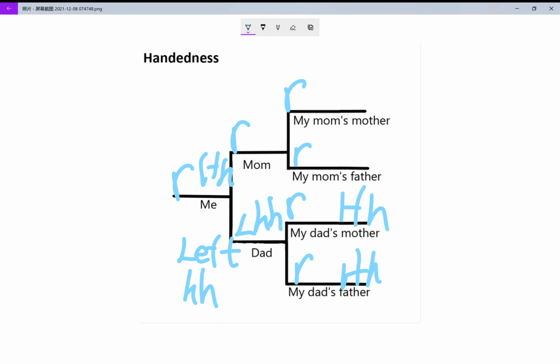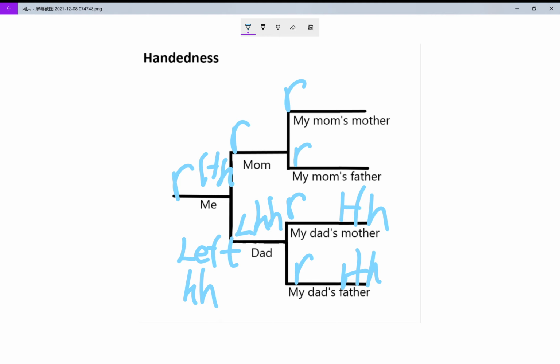So my mom's genotype should be two little letters. I use D here, two little d. Because my mother can only produce a recessive allele to me, and I have a dominant trait, my genotype should be a big D with a small d.